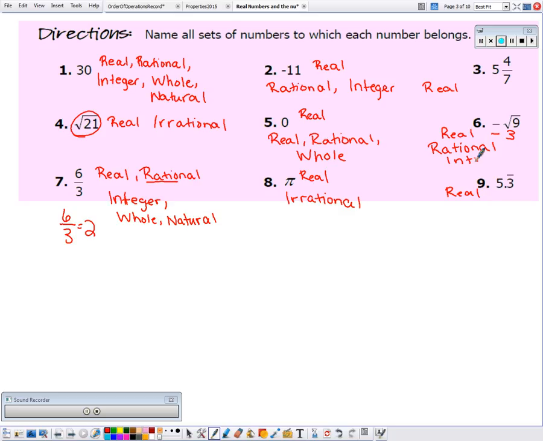What about 5.3 repeating? Does this repeat in a certain fashion with a pattern? It does. So this is real and rational. But is this a whole number or an integer? No, it is not. I think I forgot on number 6 that it is an integer.